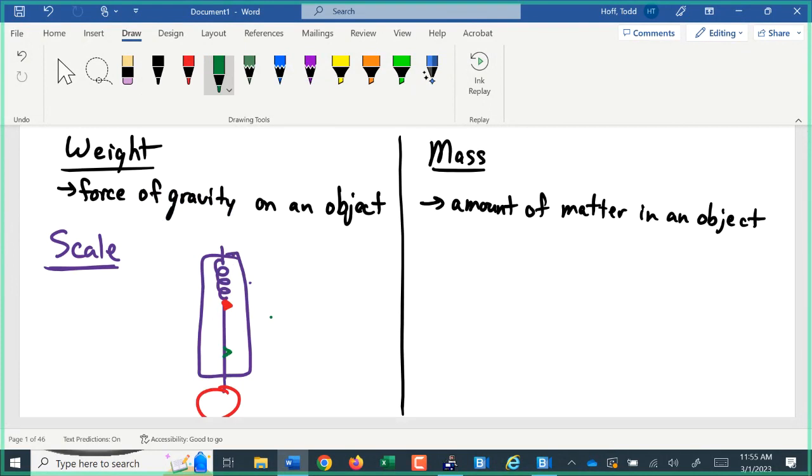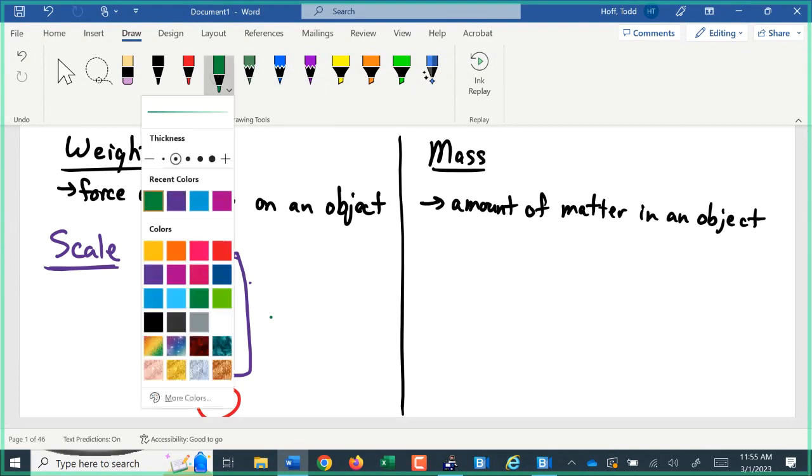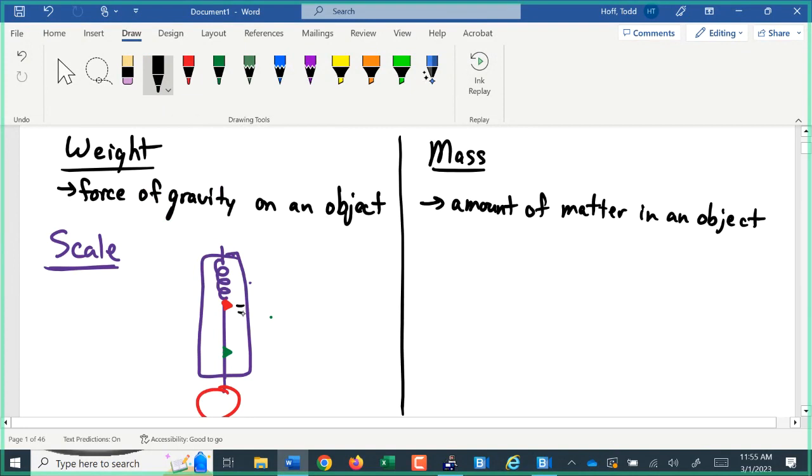There's a scale here, some sort of markings that indicate where it started and how far it moved to. And so you can just read off of those markings how far the spring has stretched, and also then what the weight is, what the force is on that spring. So that is how weight is measured.